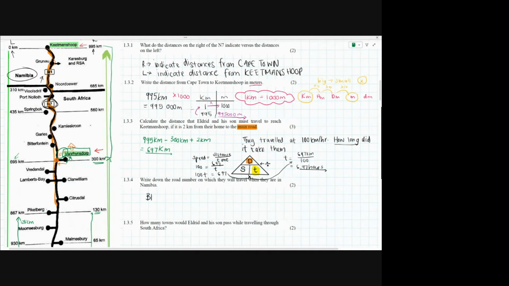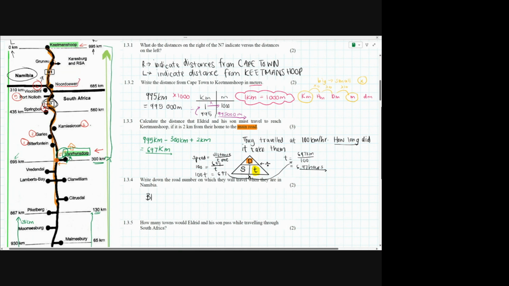So we've got 1, 2, 3, 4 at Springbok, 5 Port Nolloth, 6. Okay, let's make sure we've got that right. Read my question again. While traveling through South Africa. Oh, no, see, this is why it's so important we read the question. No, that's right, 6, sorry.